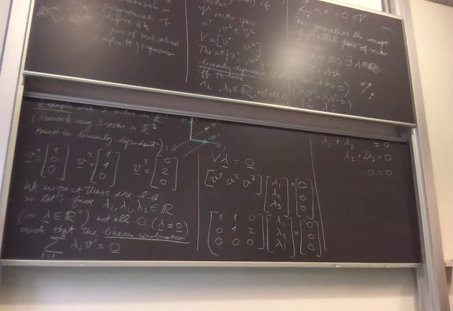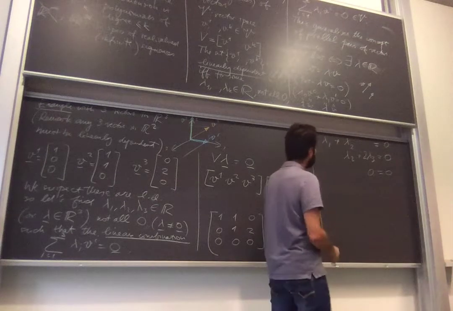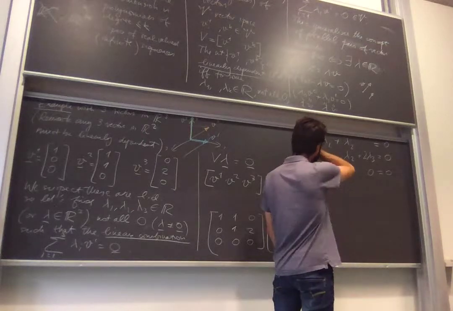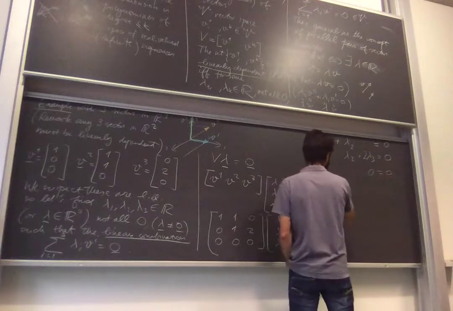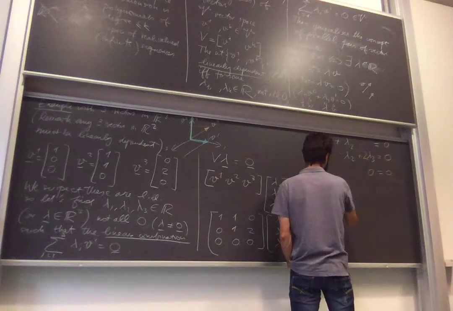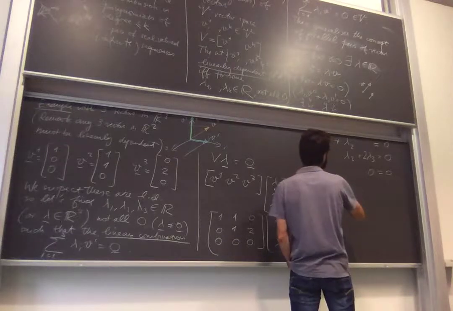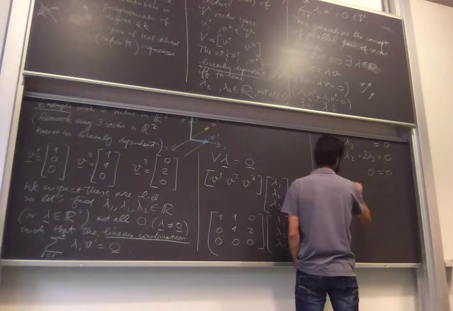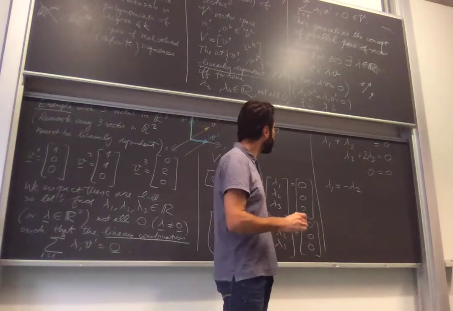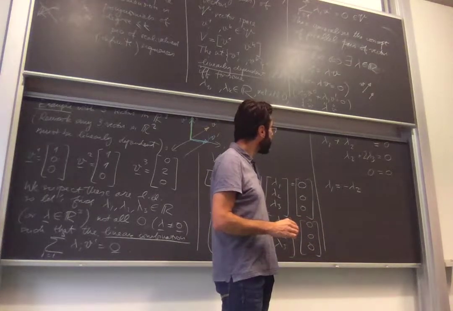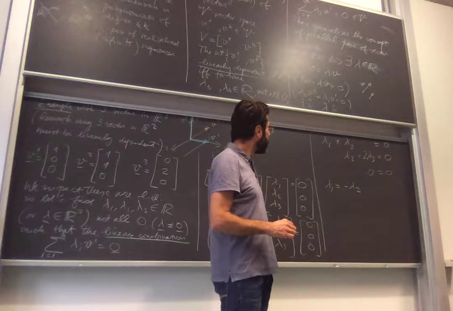And that's exactly the key to the solution of our problem. So can you see a non-trivial solution, a non-zero solution to this system? Well, let's solve it by hand. This is a very easy system to solve. The first equation tells us that lambda 1 can be written as minus lambda 2.